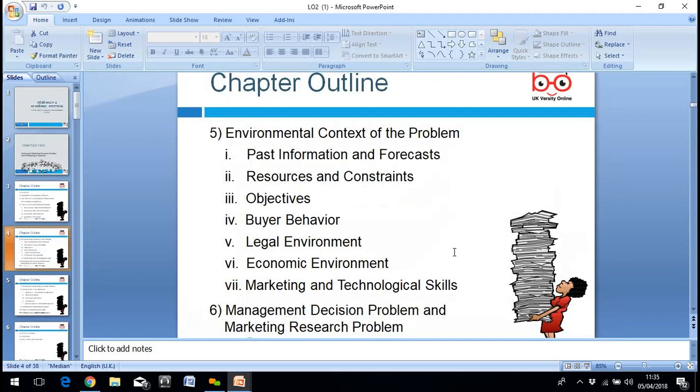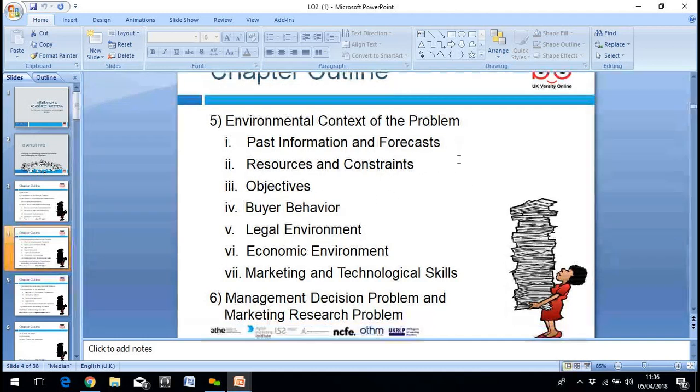So when you're looking at a problem, you're looking at past information and forecasts to find out what sort of problems exist, what sort of resources you've got, and the constraints of those resources. Any sort of research costs money, so a budget will have to be developed for that purpose. What the objectives are. In this case, it's looking at buyer behaviour.